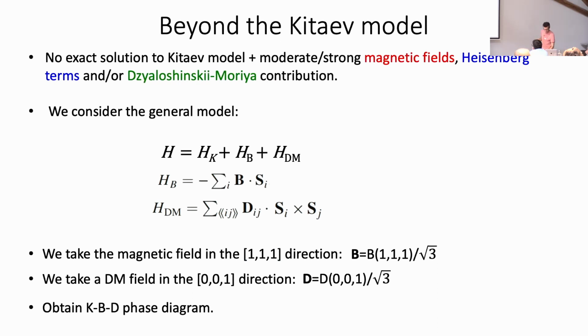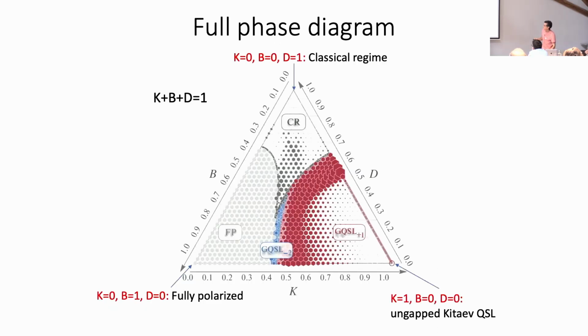So if one introduces both the magnetic field and the Jaroszynski-Moriya in this ternary plot, we have the 3 parameters. At this point, we will be in the ungapped Kitaev quantum spin liquid. As we increase the magnetic field and the Jaroszynski-Moriya, we also found that there is an opening of a gap, but for a quite large value of this.